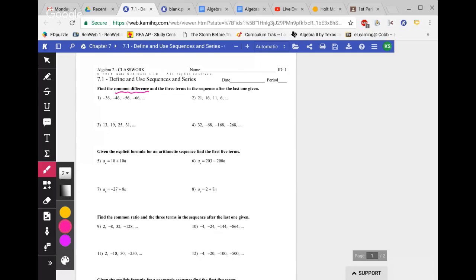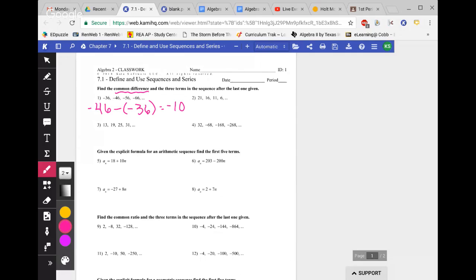So can you see everything okay? Okay. So what you'll do to find the common difference is take the second term, which is negative 46, and then subtract the first term. That's going to be negative 46 minus negative 36, which is the same as negative 46 plus 36, which gives you negative 10.